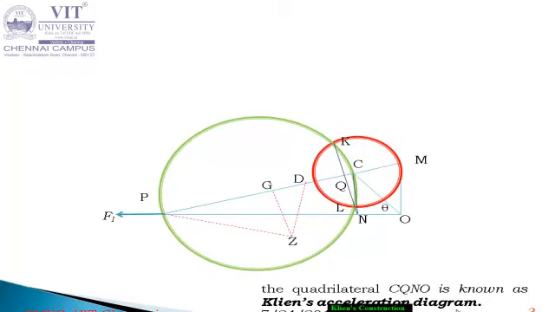Clear? We have already drawn the acceleration diagram in terms of C, Q, N, O. The resultant is Cn. Now we have to find out what will be the acceleration at point D. How can you find it out? Suppose I have an acceleration diagram here. Roughly I have drawn some diagram. Assume that this is an acceleration diagram.